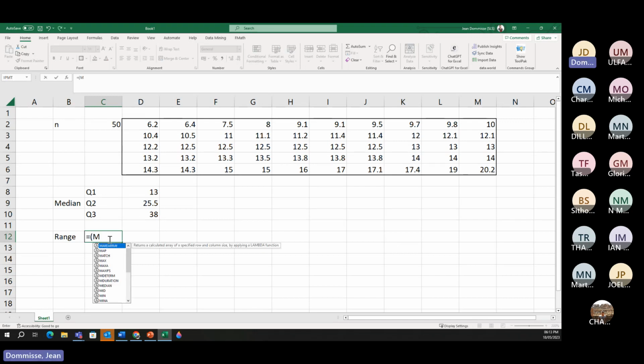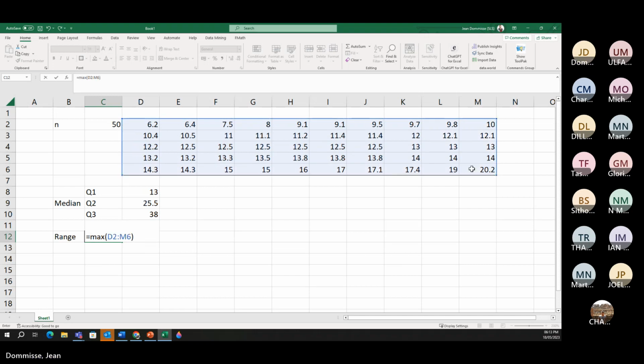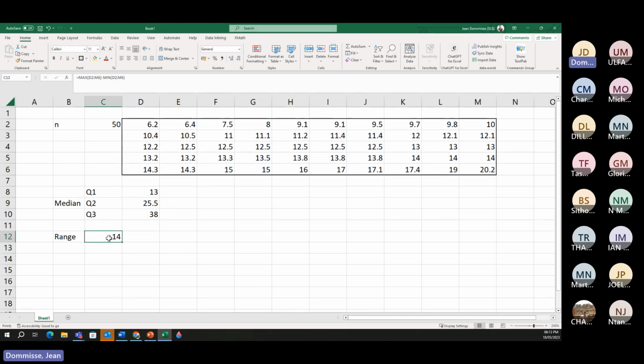Range is maximum of this set minus minimum of this set, and it is 14.